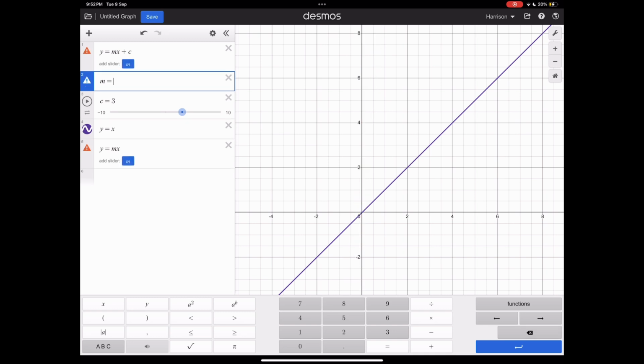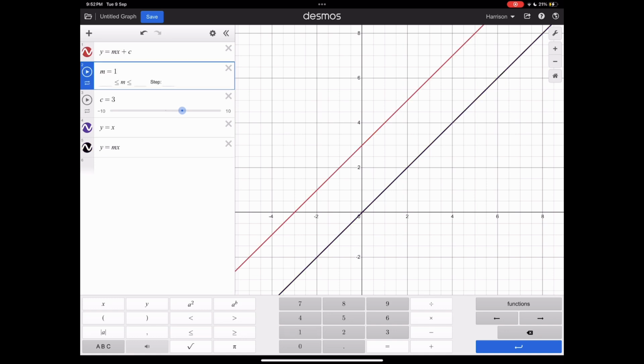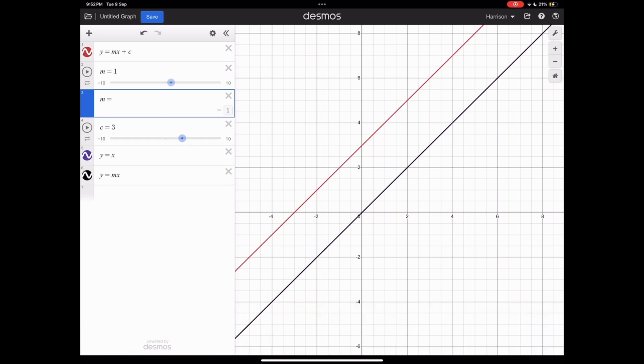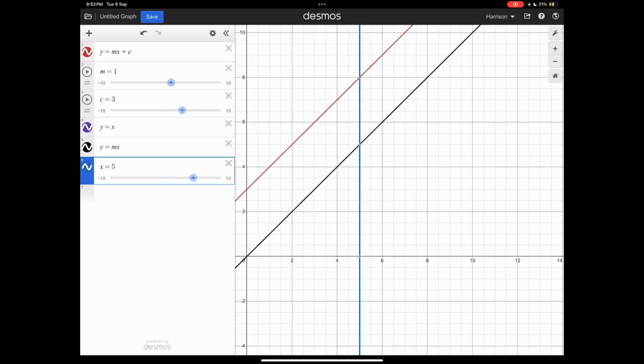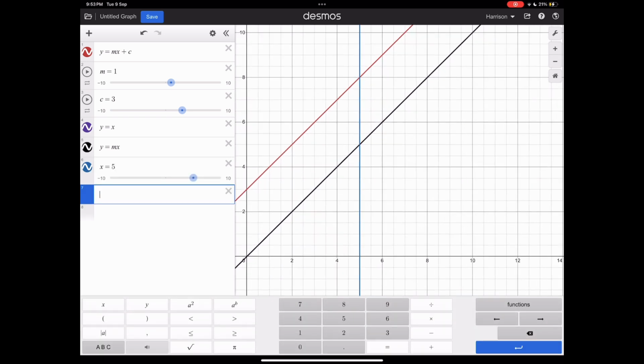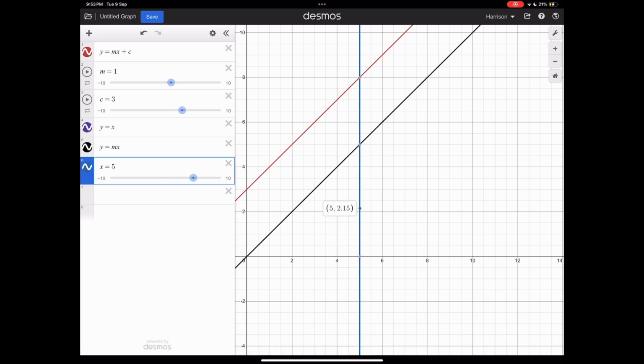And that's why, allow me to show you an example, when we have vertical lines, x equals 5, for example, if we were trying to figure out what the gradient is, we'd be trying to do rise over run.